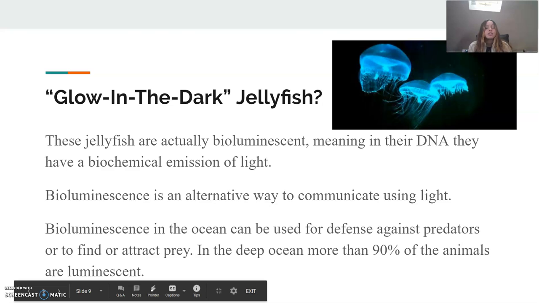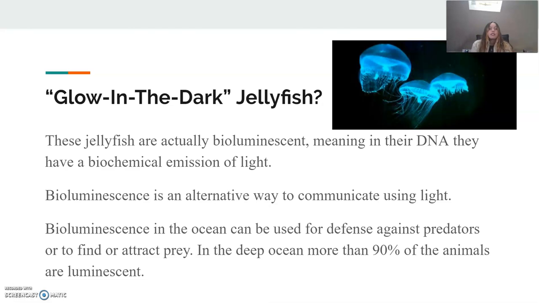I get a lot of questions about glow-in-the-dark jellyfish. That's actually not technically correct. These jellyfish are actually bioluminescent, meaning that their DNA causes their ability to emit their own light. Bioluminescence is an alternative way to communicate using light.